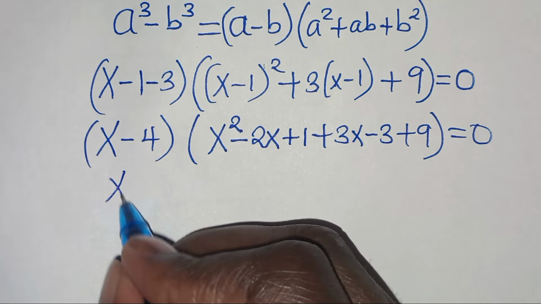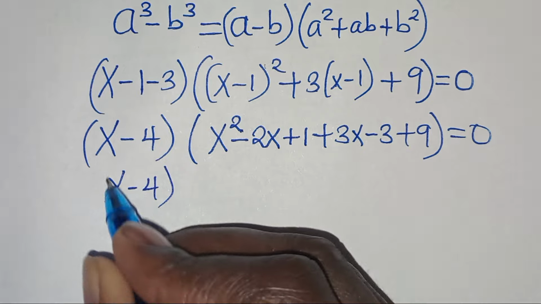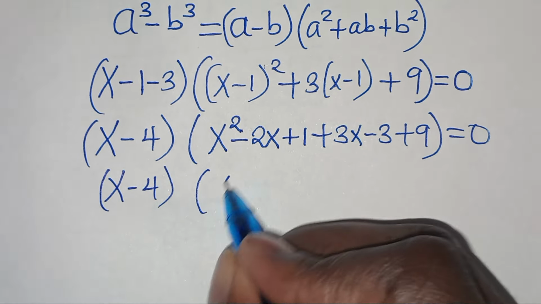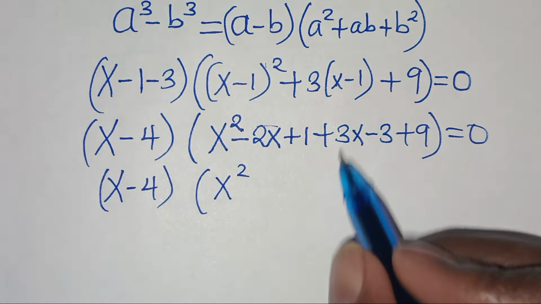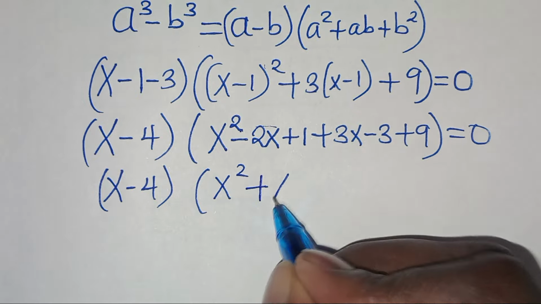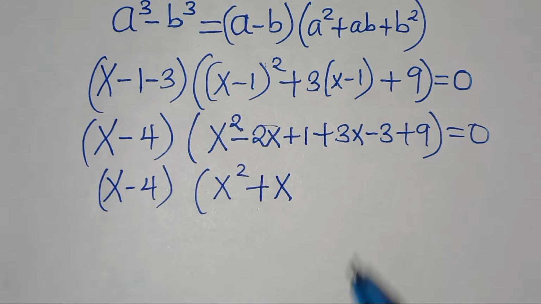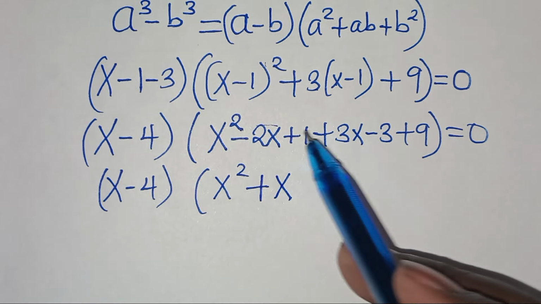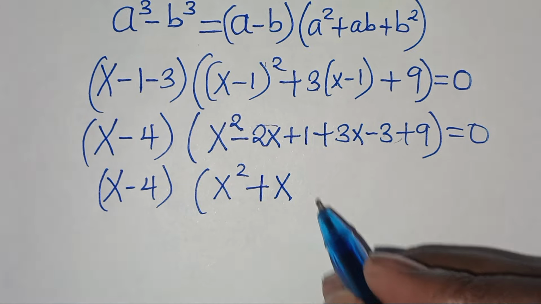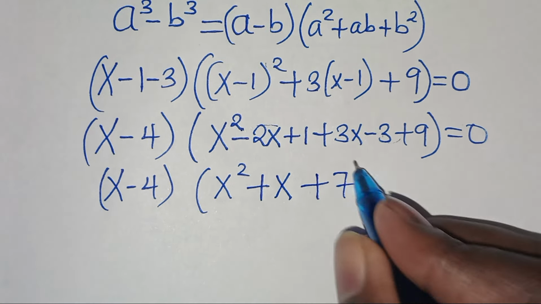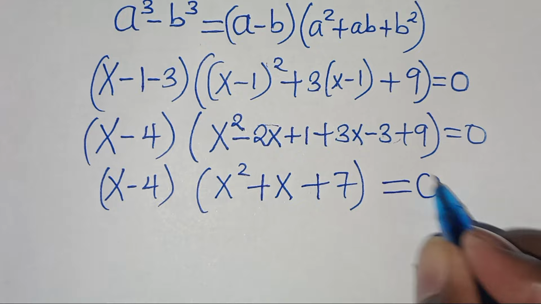So this is x minus 4, times x to the power of 2 minus 2x plus 3x, which is plus x, then 1 minus 3 is minus 2, plus 9, so this is plus 7, equal to 0.